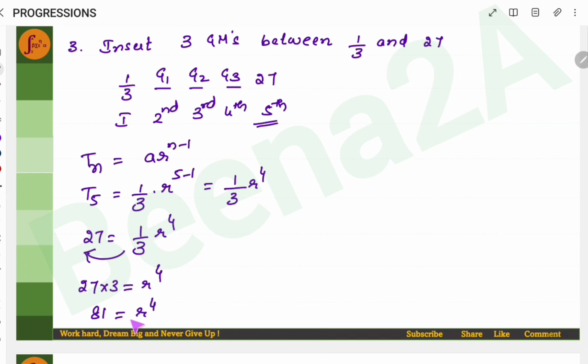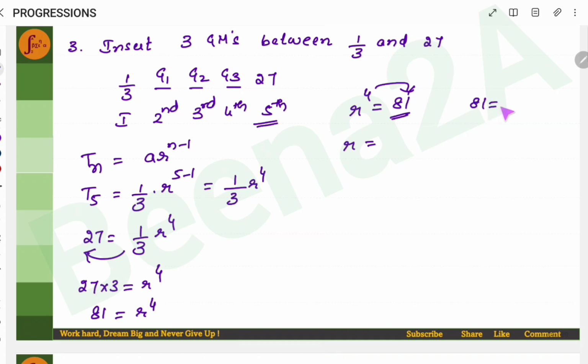Right? Now, how do I find the r value? You have to use theory of indices. What you do to find the r value, shift 4 this side. When I shift 4 this side, it will become 1 by 4. But before that, let's convert this into the form of indices.